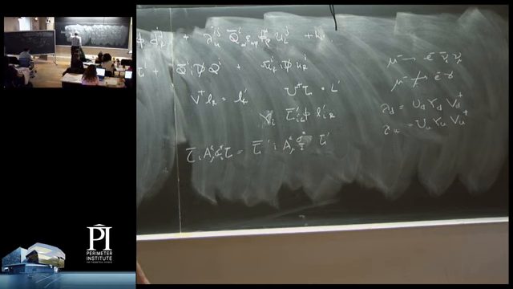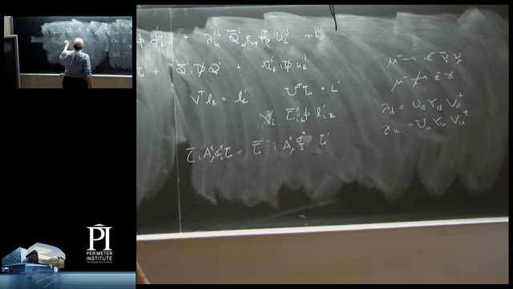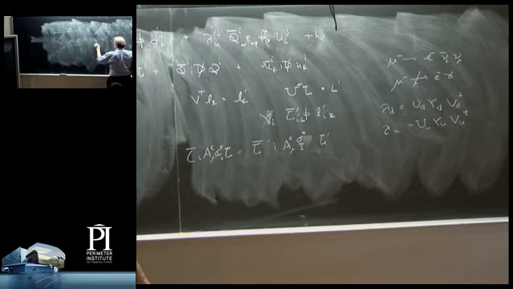For the Z interactions, the Z couples to, as you remember, U left times the thing I wrote last time, QZ left times gamma mu U left, plus U right, QZ right, times gamma mu times U right, plus a similar thing for the Ds. This thing, remember, is this funny factor that I talked about in the previous lecture.